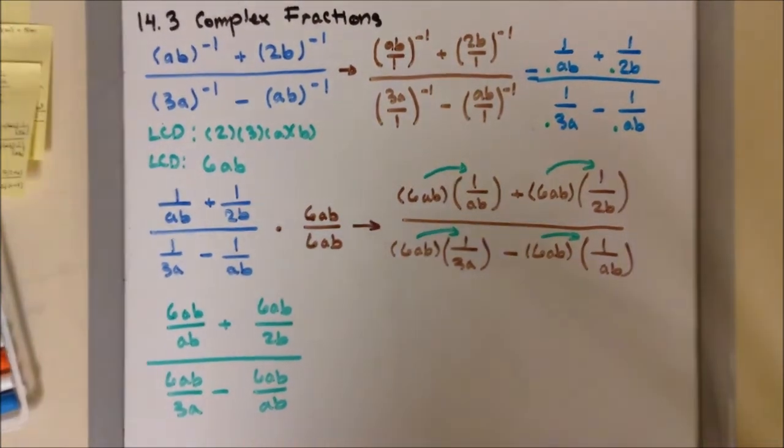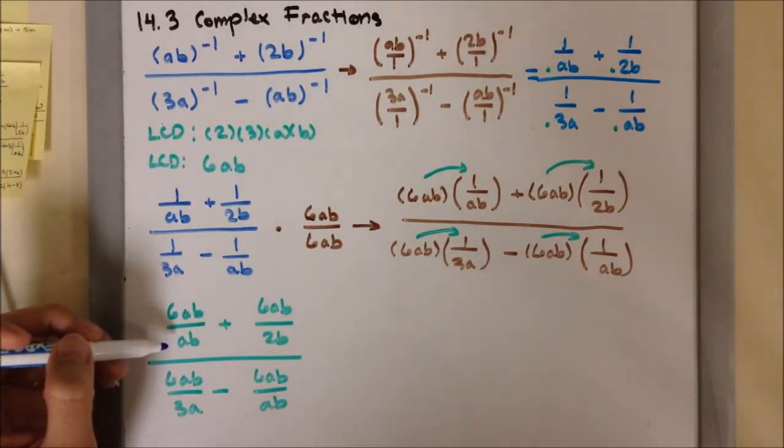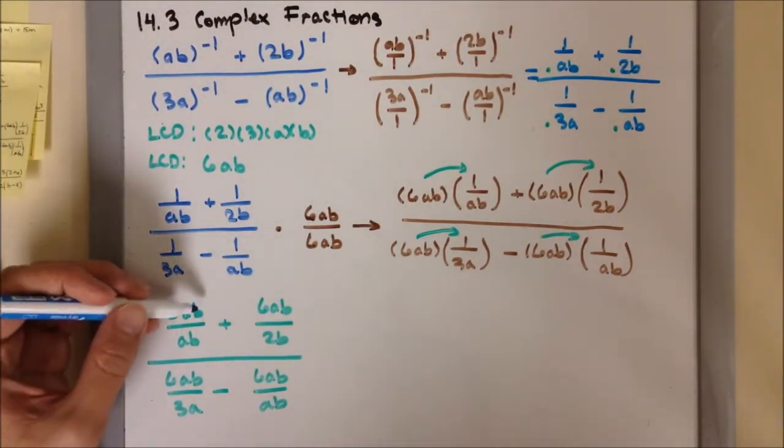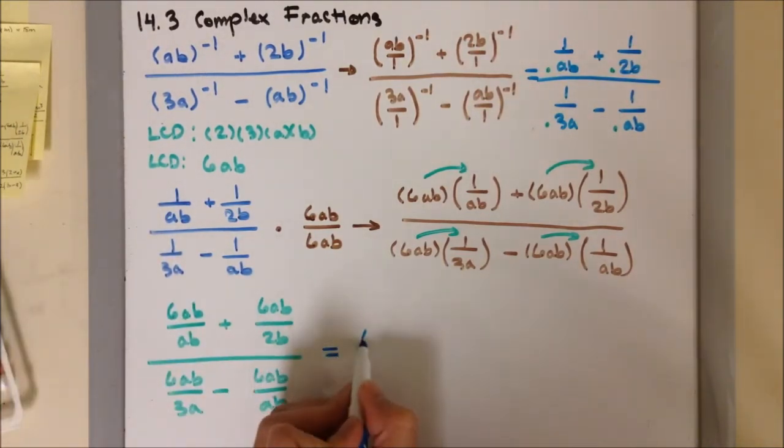Now we're going to simplify each fraction. So 6AB over AB, the A's and the B's will divide into 1, and you're just left with 6.